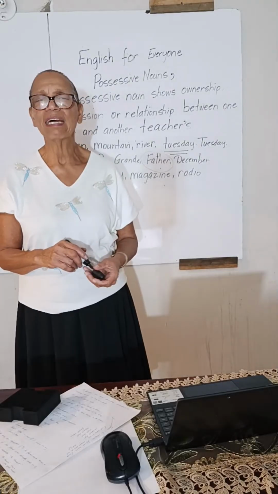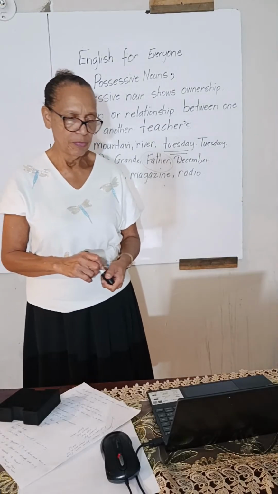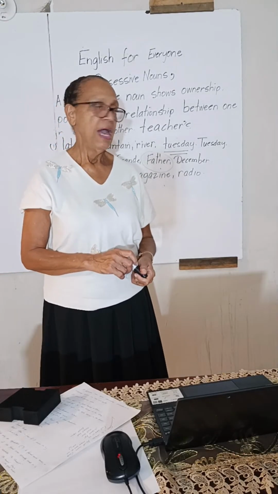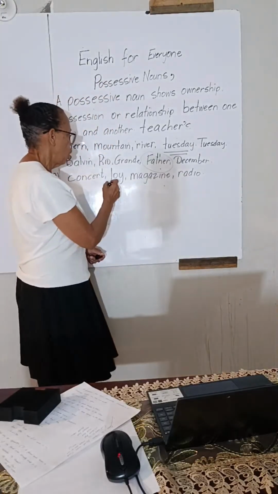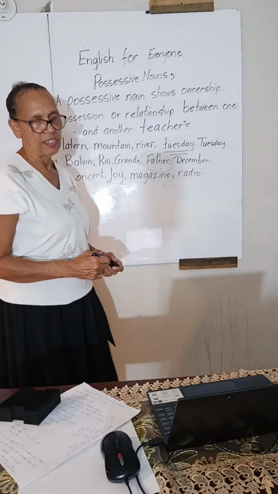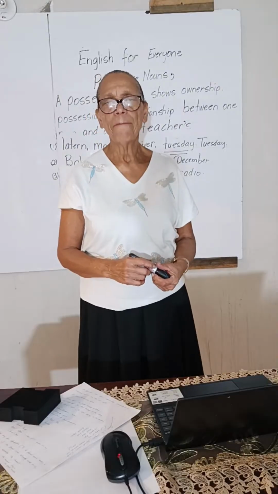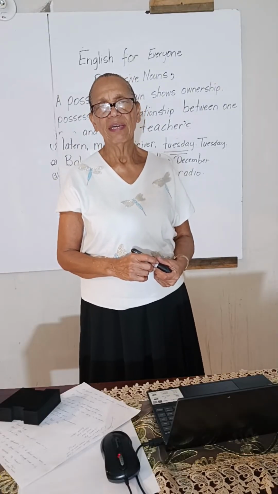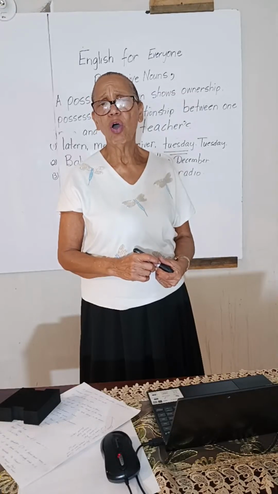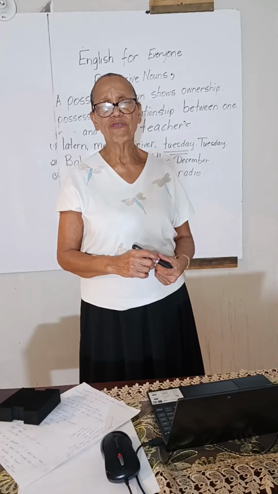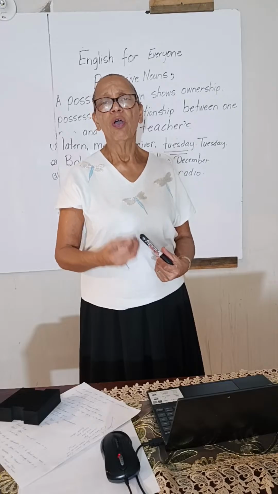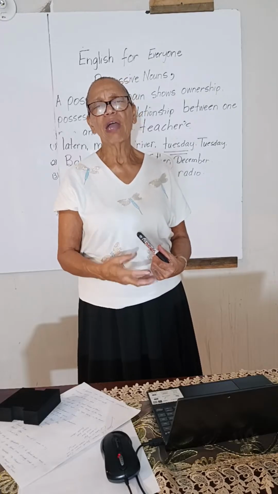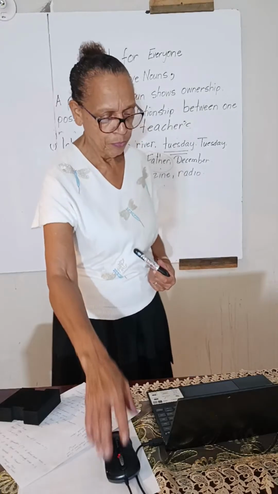Which one is an abstract noun? If you say joy, you are correct. Joy, peace, long-suffering, happiness, kindness, all these words are abstract nouns. They describe qualities. They describe concepts.